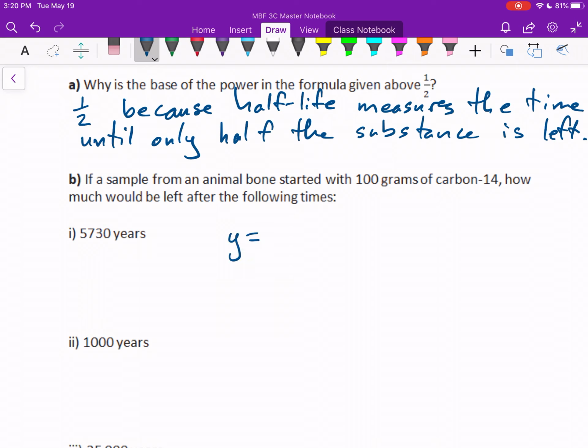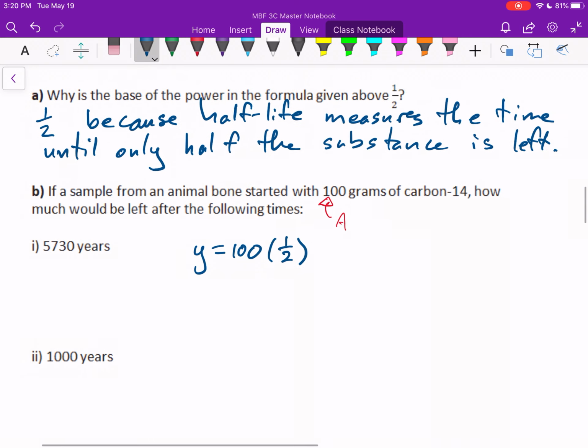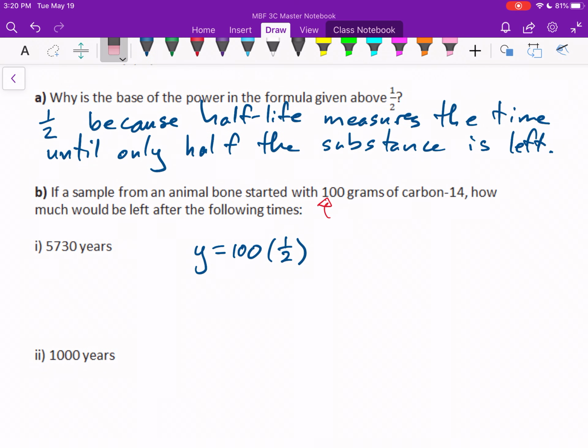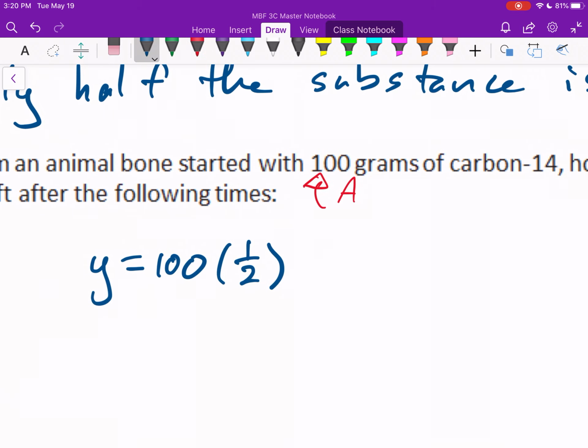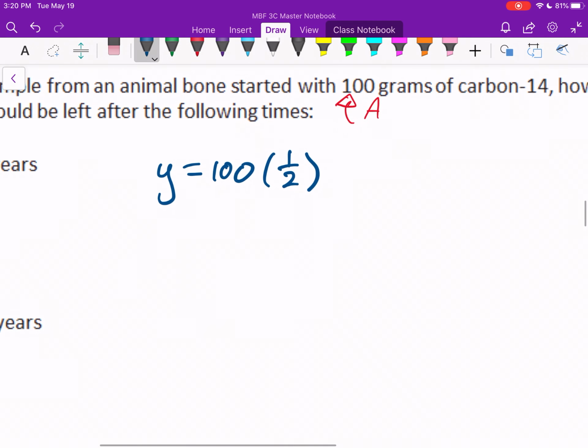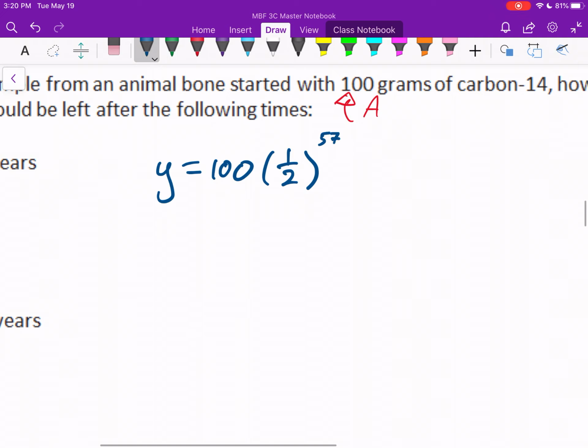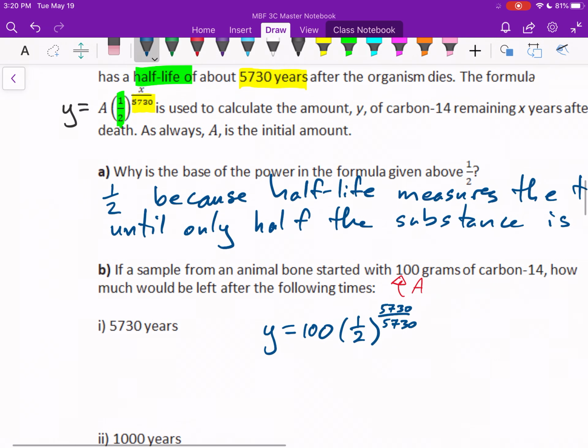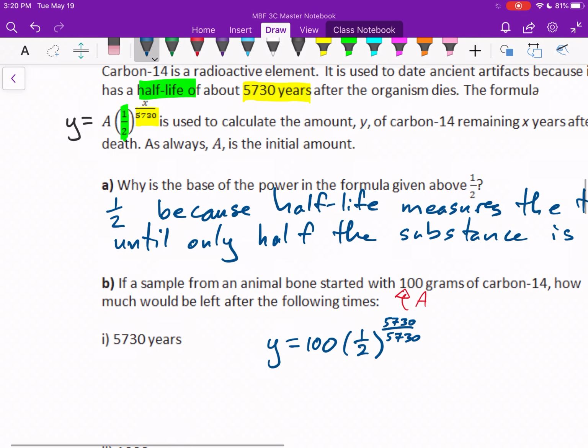y equals a, our initial value, so we're starting with 100, times a half. Let's move this over a bit so I've got more room for my exponent. Then I'm going to put 5,730 over 5,730. In case you're wondering where that came from, the bottom 5730 was just part of the formula.